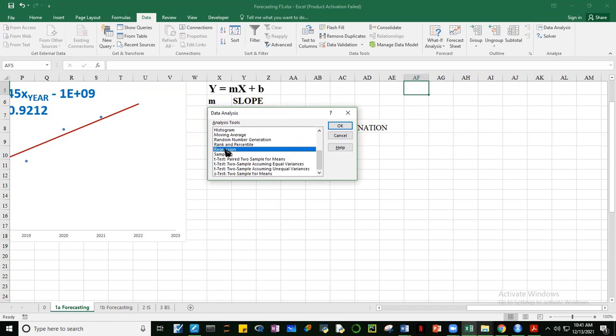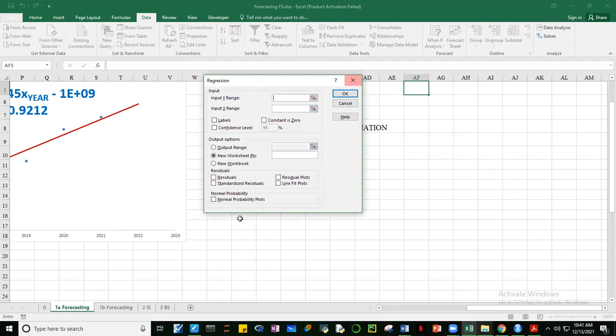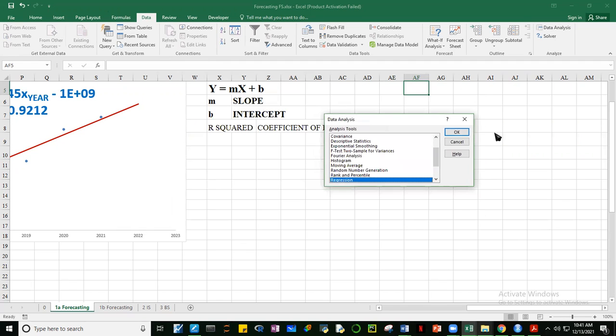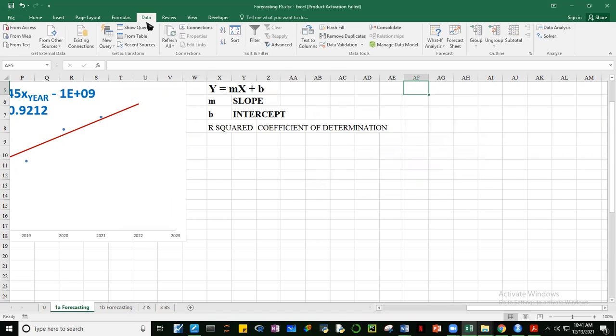Okay, so let's click this regression and then okay. Waiting for you guys. Do you have this regression? Ulitin ko ah. Go to data, and then data analysis.